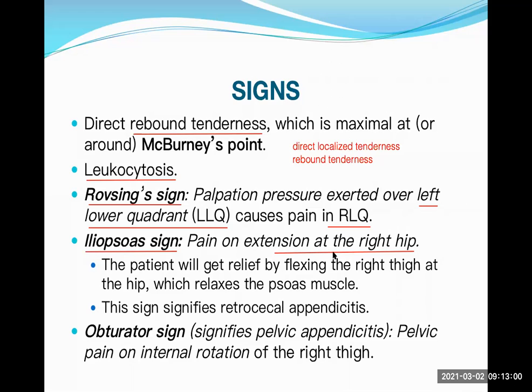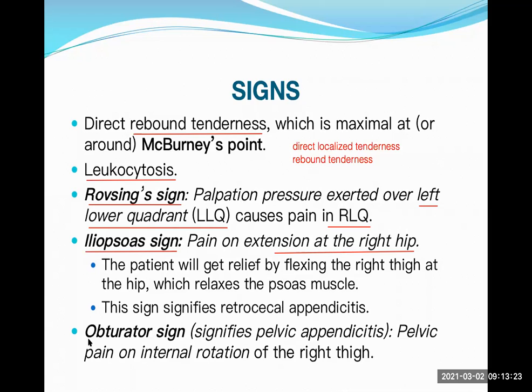When you flex the hip, there will be no stretching of the iliopsoas muscle, so there will be no pain. We need to extend the hip to elicit the pain. And by the way, if we flex the thigh or the hip, pain will be relieved because the muscle is no more stretched. So this is the psoas sign.